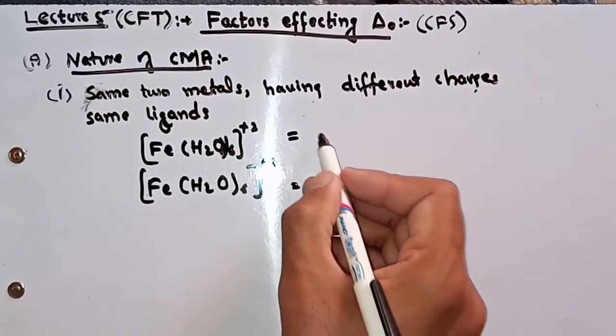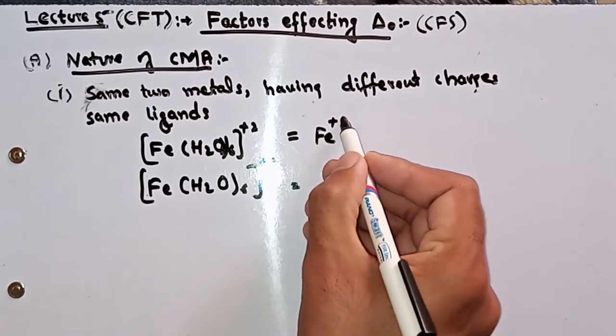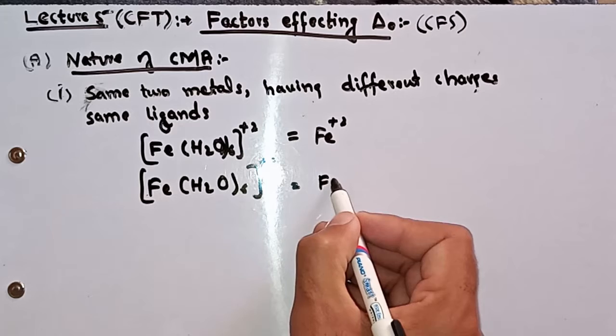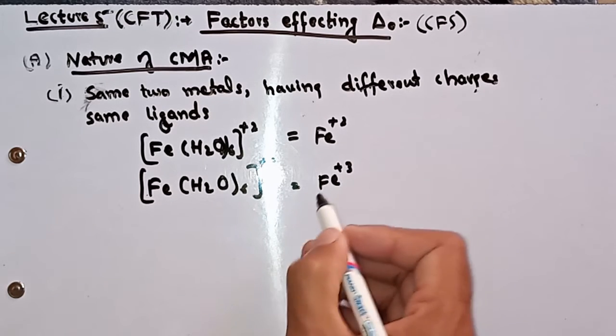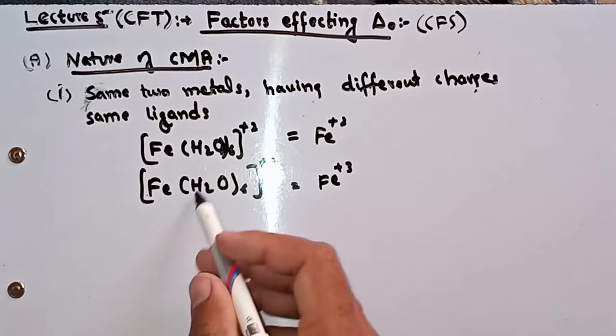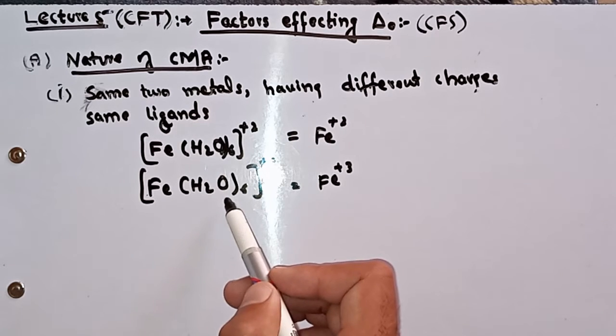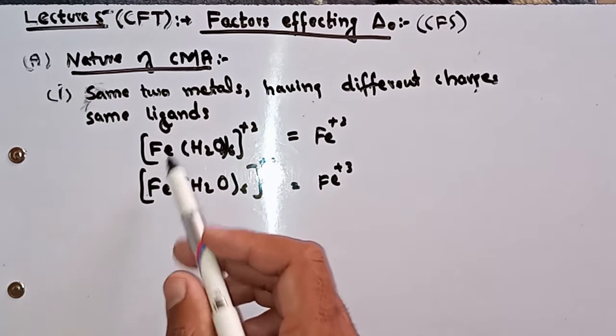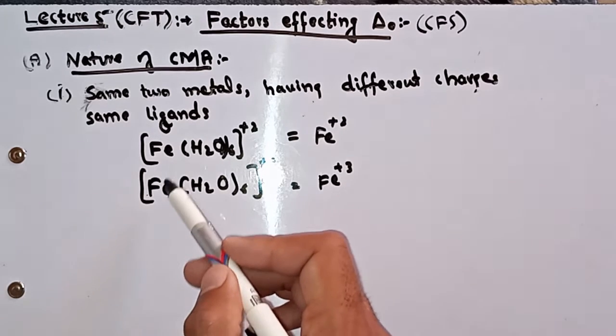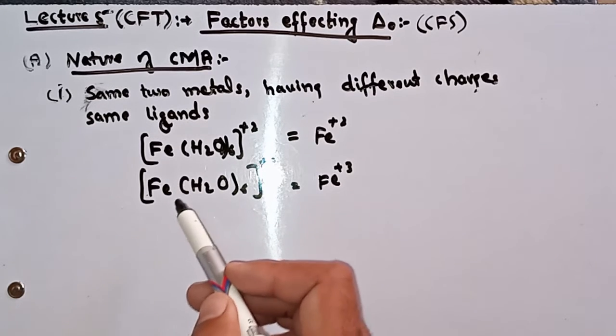In both cases iron has oxidation state plus 2 and plus 3 respectively. In both cases the ligands are the same, six H2O, and there is one iron in each.